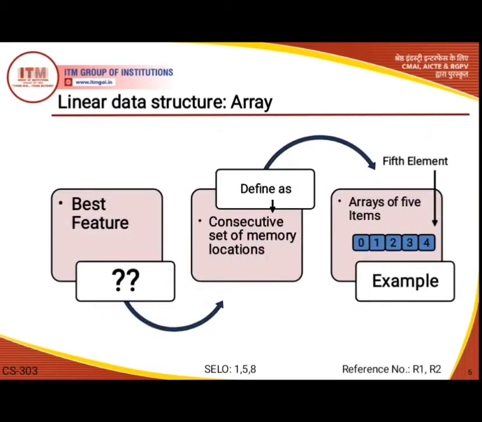Here in this diagram you can see that I am describing the best feature of an array. Here it is defined as a consecutive set of memory locations. Means if one asks a group of programmers to define an array, the most common reply is a consecutive set of memory locations, which I mentioned here as the best feature.